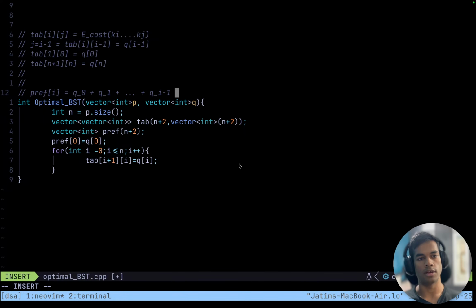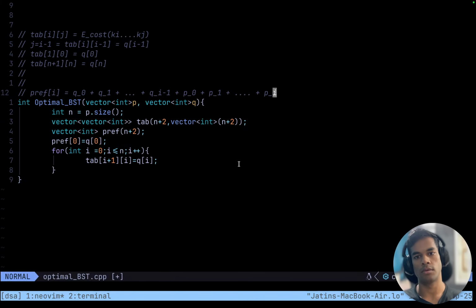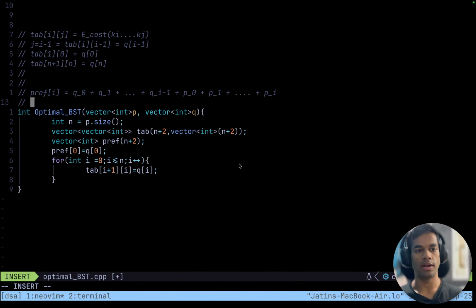So this thing, yes, plus P0 plus P1 plus dot dot dot plus P probability of I. And the minimum value for this would be P0.